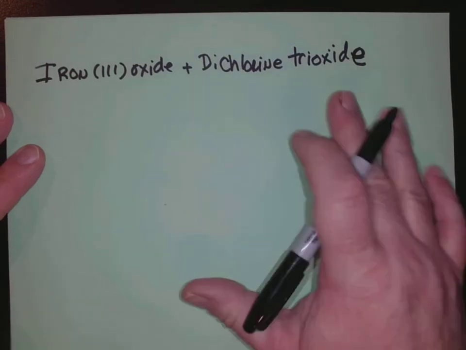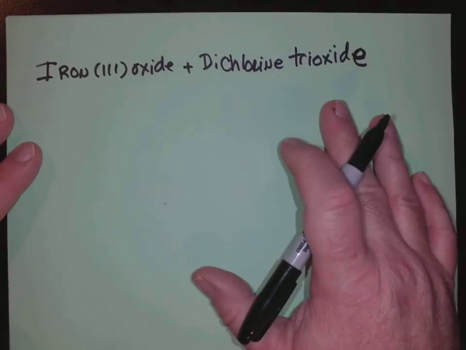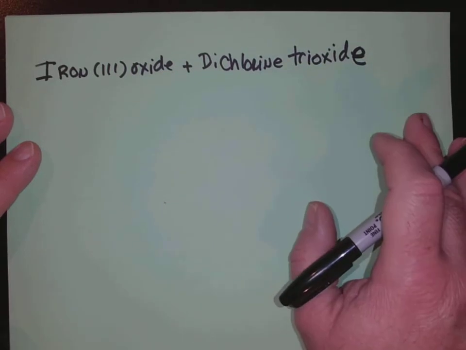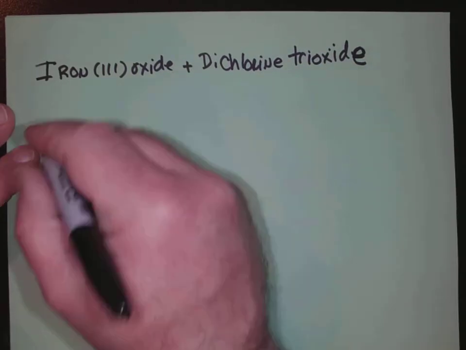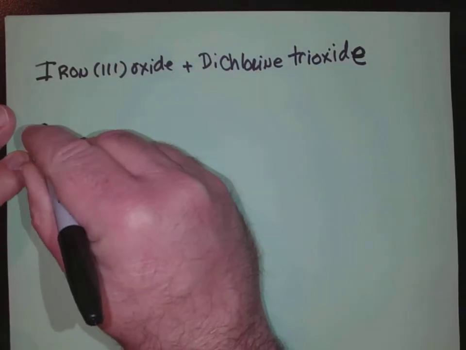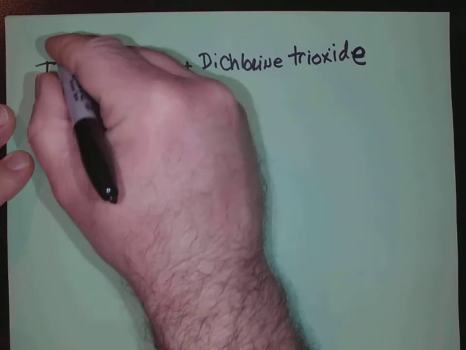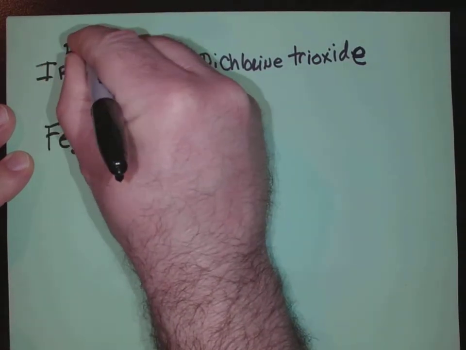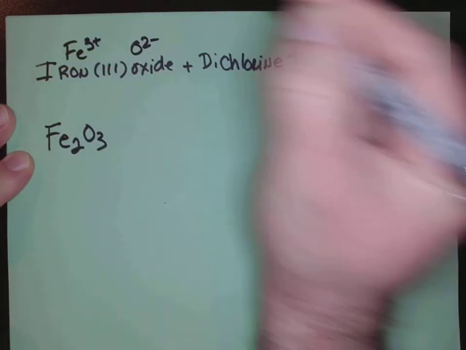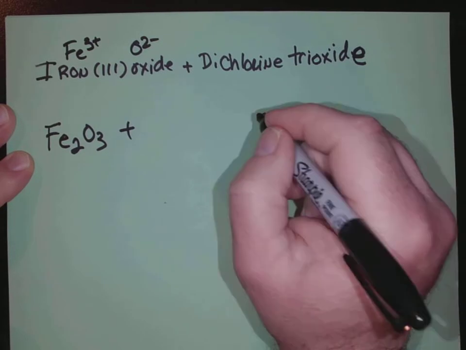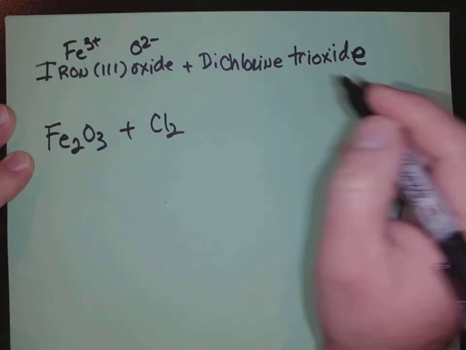I mean, take notes. Hopefully you're taking notes as you're doing this. Write the reactants out. Okay, welcome back. So we should have Fe2O3. This iron here has a +3 charge. Oxygen's a 2-, and we have Cl2O3.